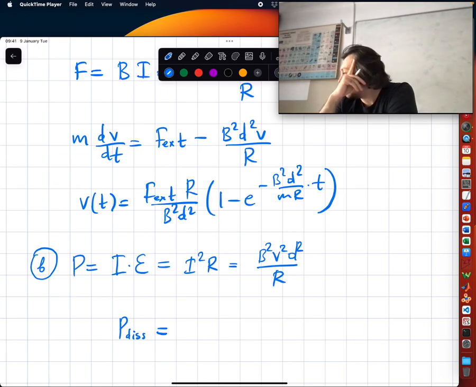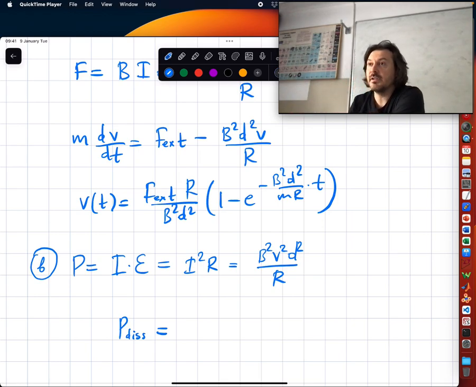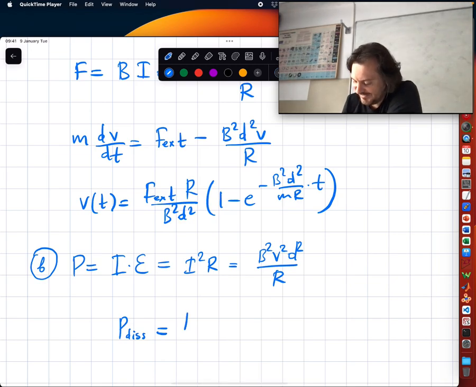No, that's the power supplied. That's the point. So you want F times V, right? Do you want that? No, I mean, in the power equation, we have V squared, D squared over R. Don't we know V as a function of time? Yes, I'm inserting that. Come on.